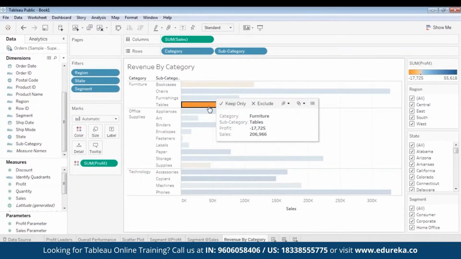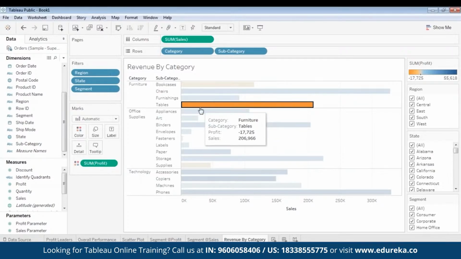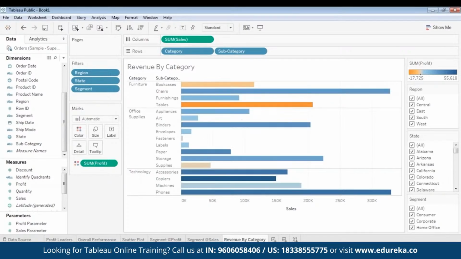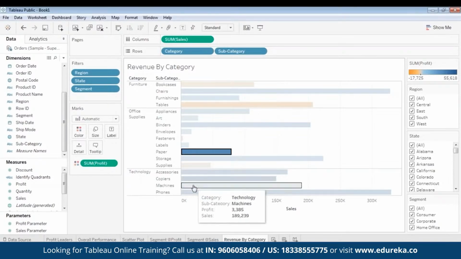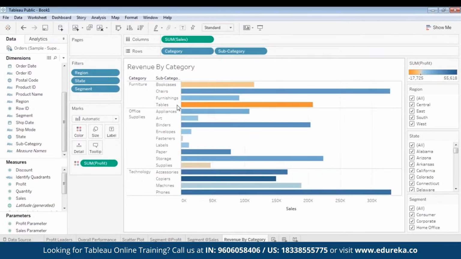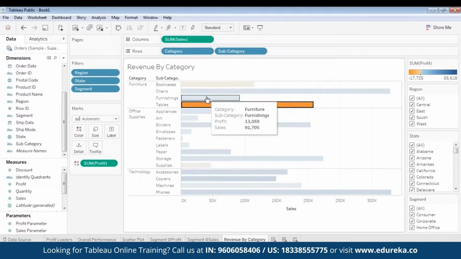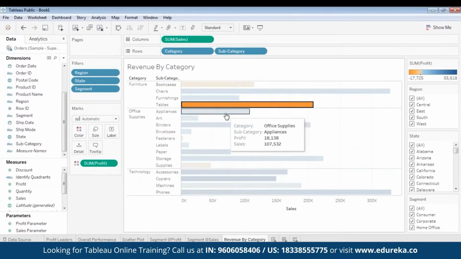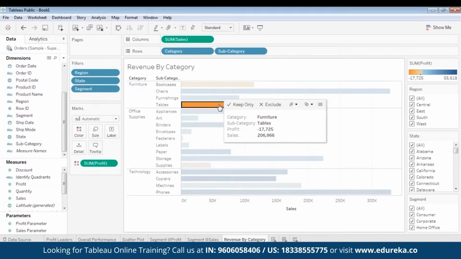Because maximum loss I'm having in this subcategory, because chairs, paper and accessories, copier, phones, these all are giving me good profits, right? But in tables, in bookcases, and also in supplies, right? So these kind of subcategories are hampering my revenue.